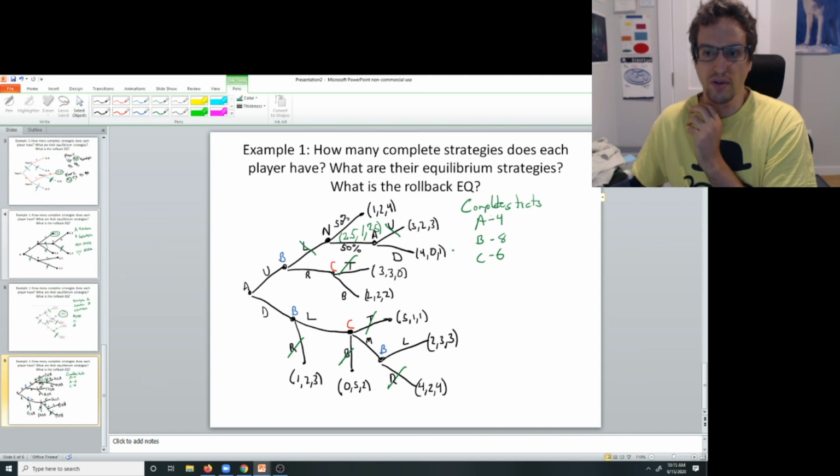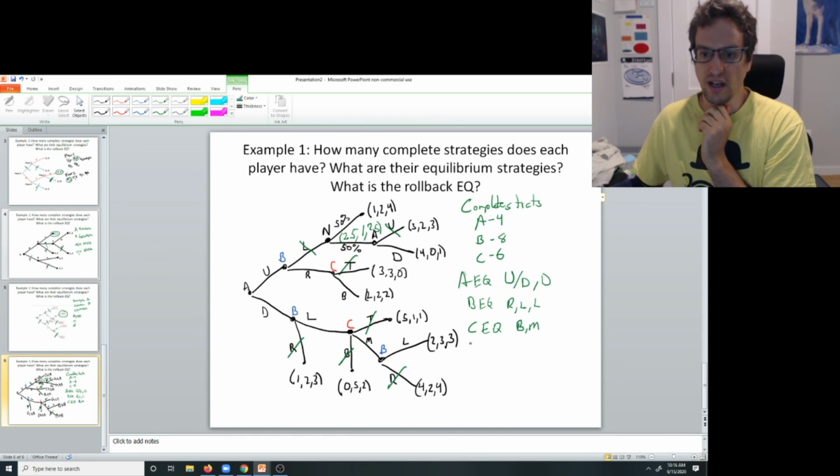So A's equilibrium strategy could be, well, we can even say it's U/D, and then it's D. That's their equilibrium strategy. B's equilibrium is right, left, left. And C's equilibrium strategy is BM.